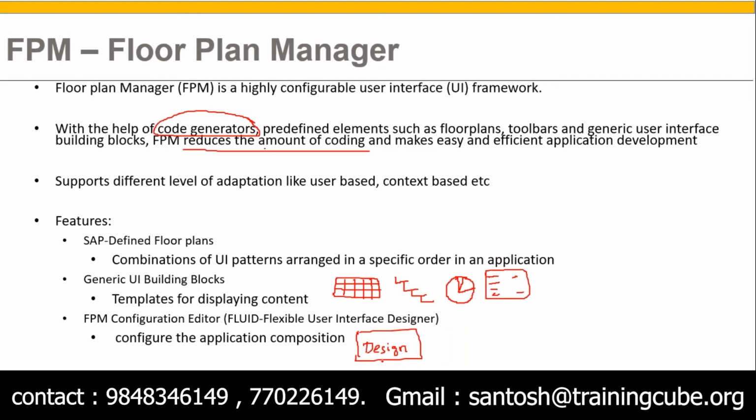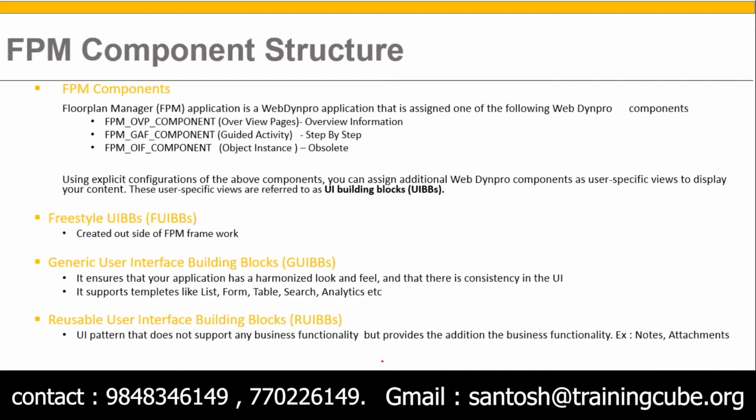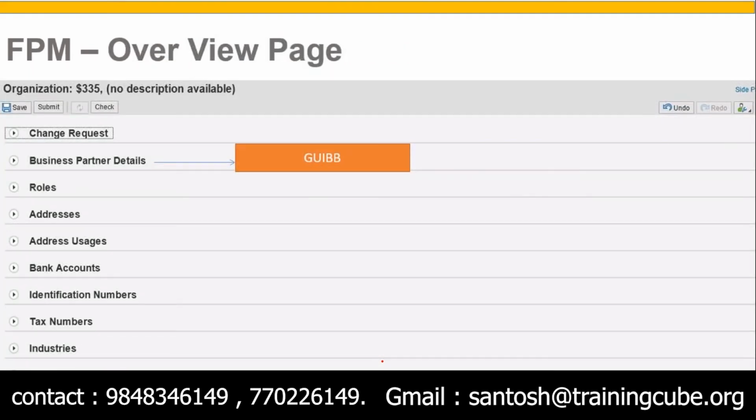These are high level features, and we have various FPM components, like OVP component, GAF component, and OAF component. What are these components? When we say OVP, this is an overview page. In MDG, we will see everything in OVP, overview pages.